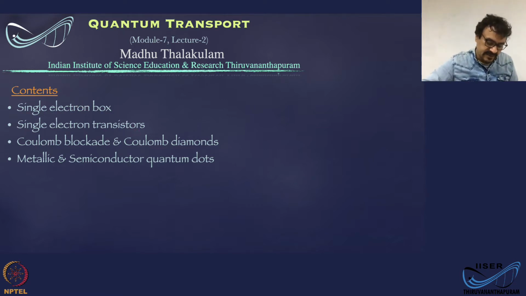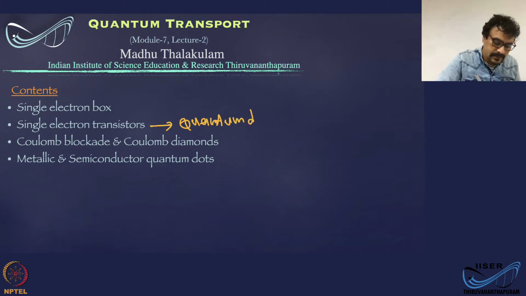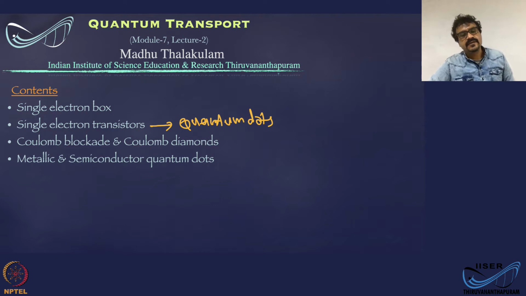These single electron transistors are also quantum dots. And we will also discuss the transport characteristics of these devices, namely the Coulomb blockade and the Coulomb diamonds. Then we will finish by overviewing the metallic and semiconductor quantum dots.